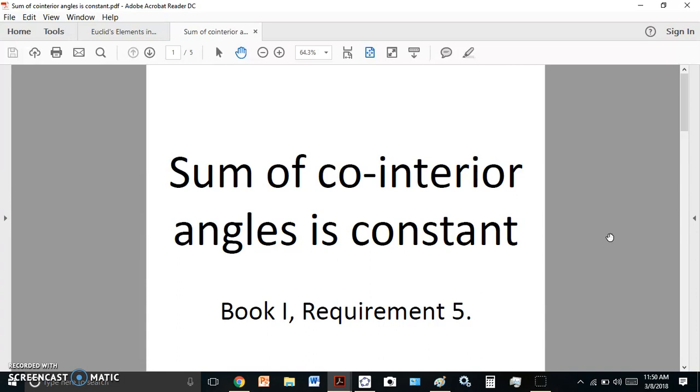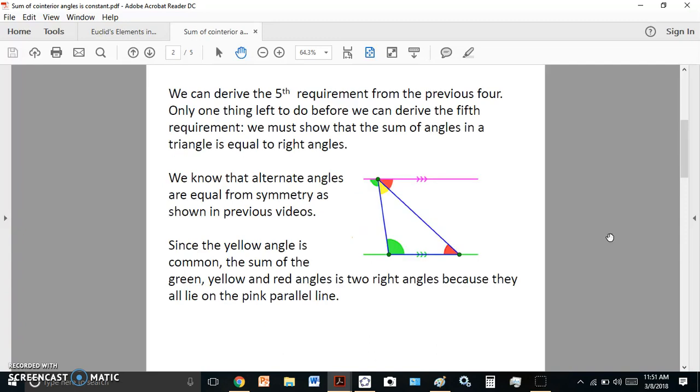And in this final requirement, we'll see that what it actually says is that the sum of cointerior angles is constant, regardless of whether a transversal cuts parallel lines or lines that intersect. In either case, the sum of the cointerior angles is always constant. And that is the crux of the 5th requirement. So let's see what it's all about.